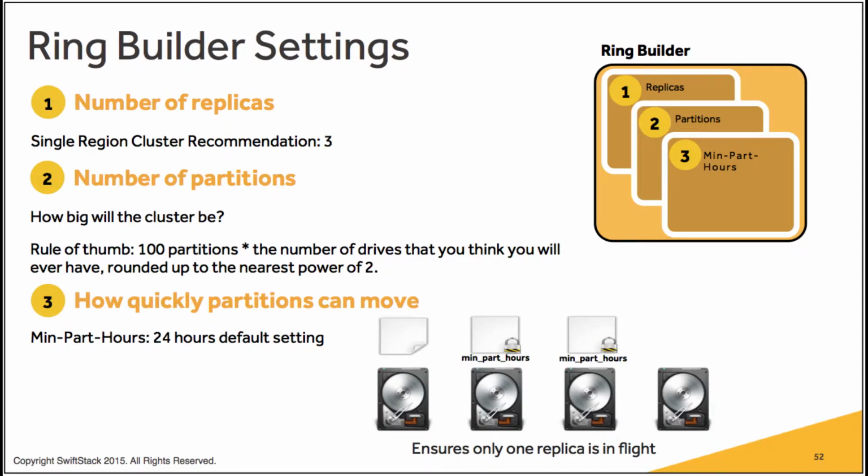The third thing is the min part hours. If we need to rebalance the cluster, if suddenly all those partitions need to be going from one disk to another, it's going to be kind of hard to find where the data actually lives. So we can't just up and vacate them all at the same time. So what min part hours does is it locks partitions in place for a certain time period, and it will only let one of them move at any given time until it's in place.